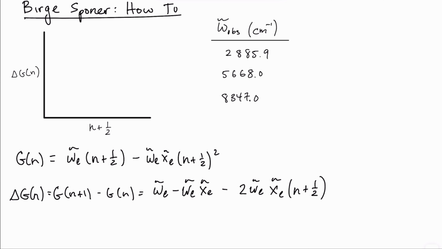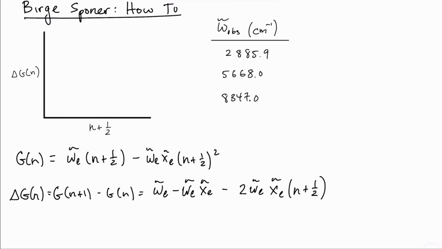What we showed previously is that we can write this as omega e minus omega e xe, and then minus 2 times omega e xe, all times (n plus a half). So we can write this as a function of n plus a half, and when you write this, you get a line. The slope of the line will be minus 2 times omega e xe, and the y-intercept will be omega e minus omega e xe.